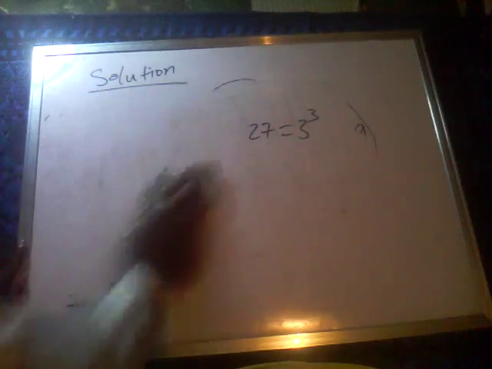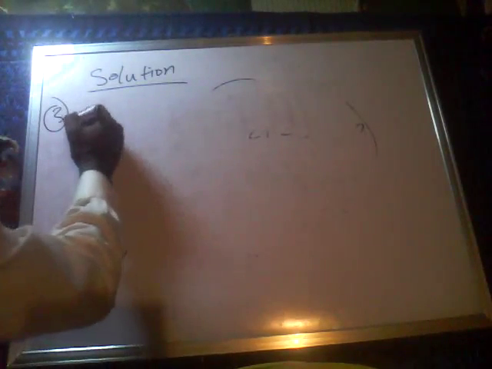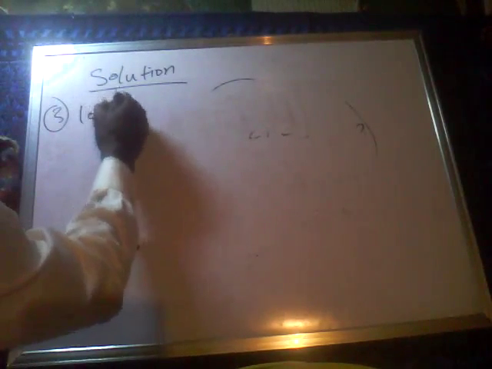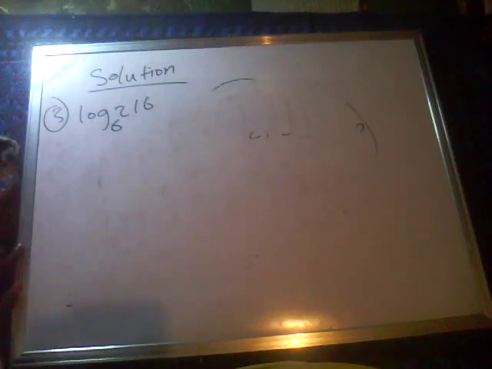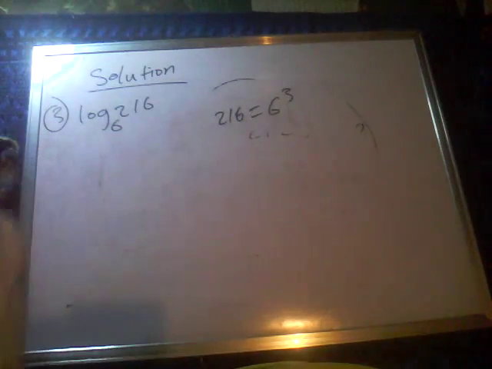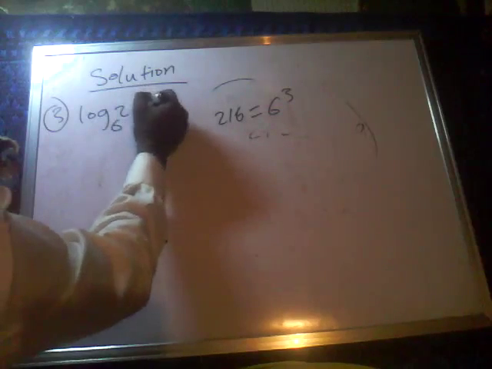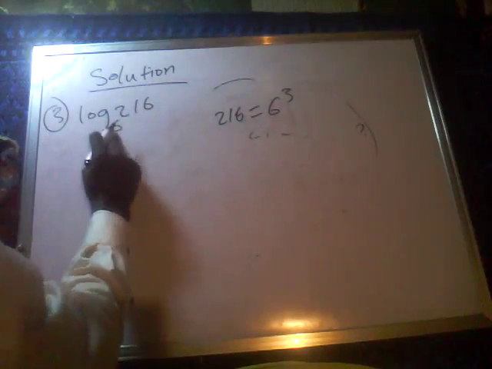Now, number 3, we have log 216 to base 6. Now, we know that 216 is 6 raised to power 3. The goal is to attempt to express the number, that's 216, as a power multiple of the base.